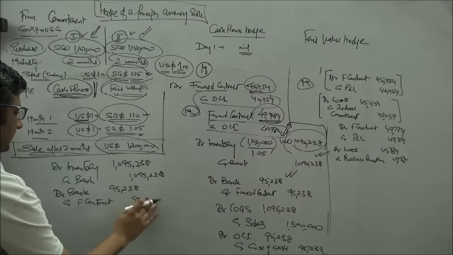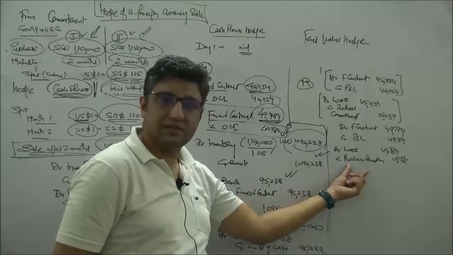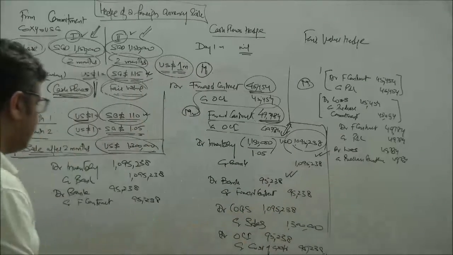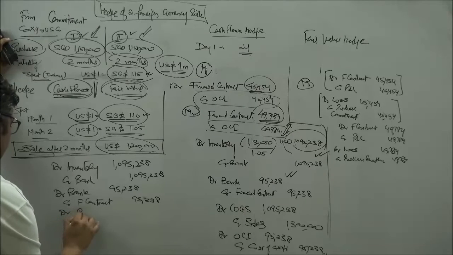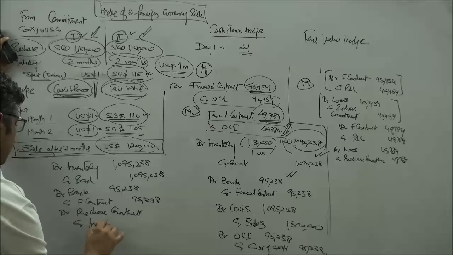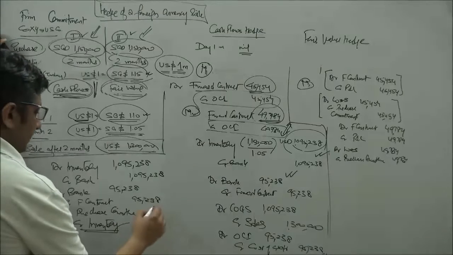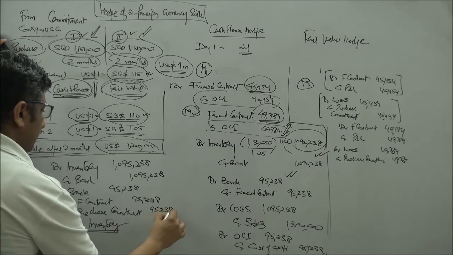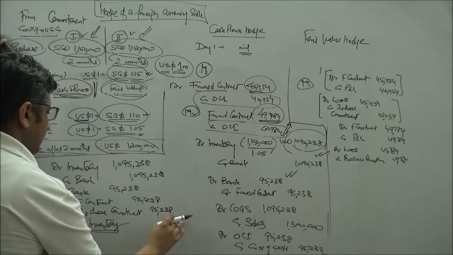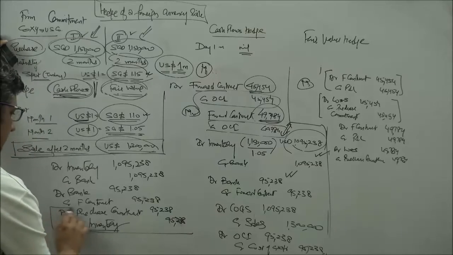It's cancelled at this point in time. But with this purchase commitment, which is a credit, I need to offset that as well. So debit purchase commitment and credit. Now this gets adjusted against the value of the hedged item, that is my inventory. So this 95238 eventually starts impacting my inventory at this point in time.